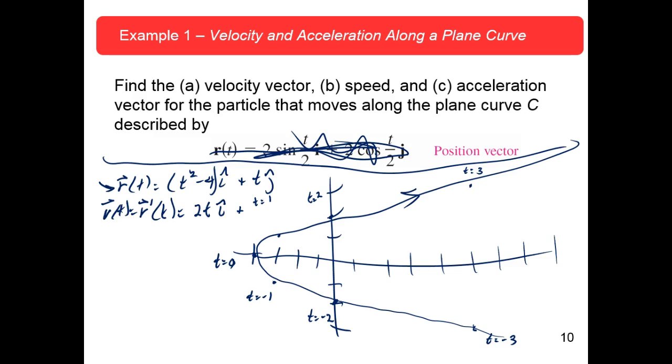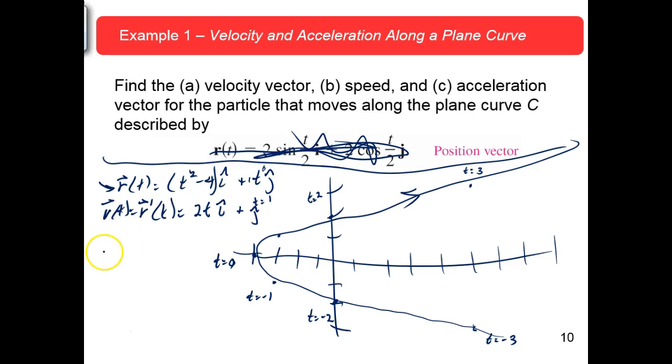Your exponent, which is 1, times your coefficient, which is 1. 1 times 1 is 1. And then you reduce the exponent by 1, which would be t to the 0, which is 1. So that would just be 1j. So plus j. So there is your velocity vector at any time t.